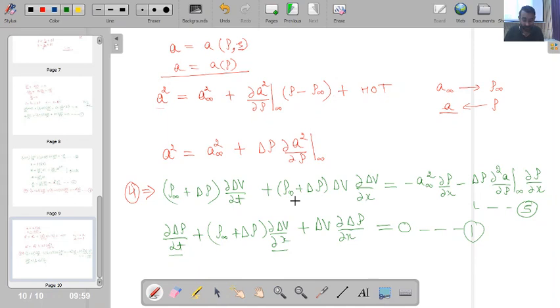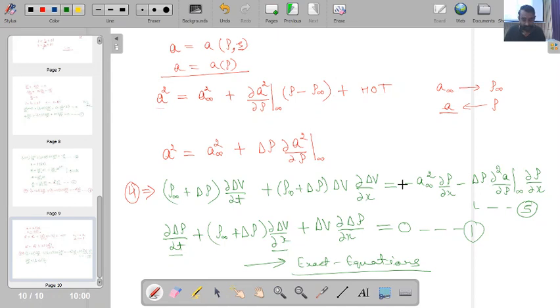These two equations are the exact equations of the situation we have in hand: the variation of density and the variation of velocity, which is also linked to the variation of pressure, as we have seen in terms of speed of sound and density variation.